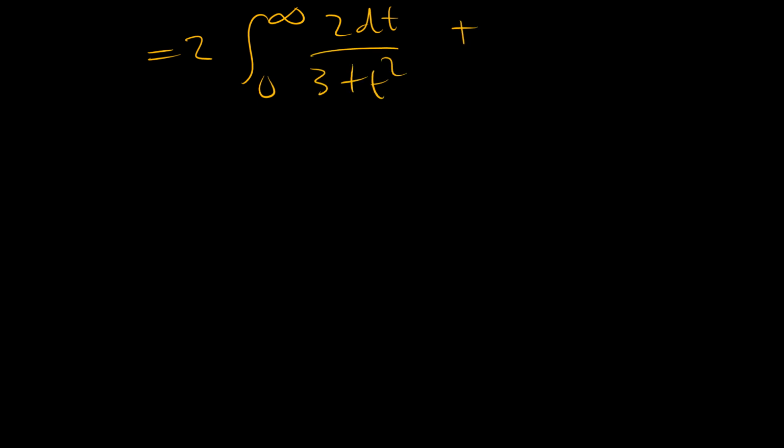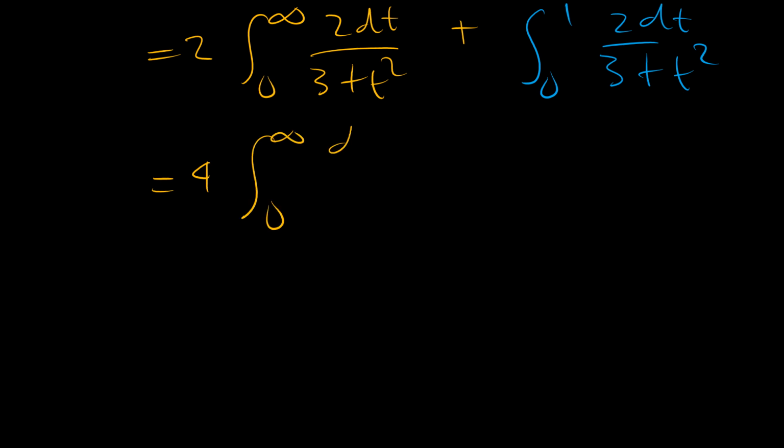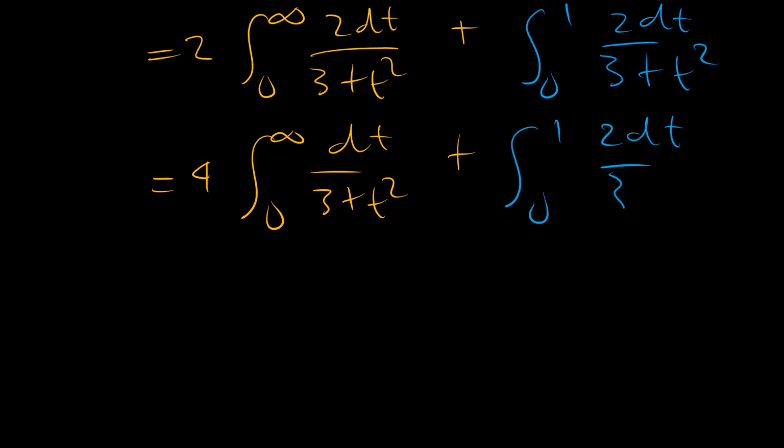So we now have a very interesting integral of 2 times 0 to infinity of 2 dt over 3 plus t squared, plus 0 to 1 of 2 dt over 3 plus t squared. Okay, so it becomes 4 times the integral from 0 to infinity of dt over 3 plus t squared, plus the integral from 0 to 1 of 2 dt over 3 plus t squared.